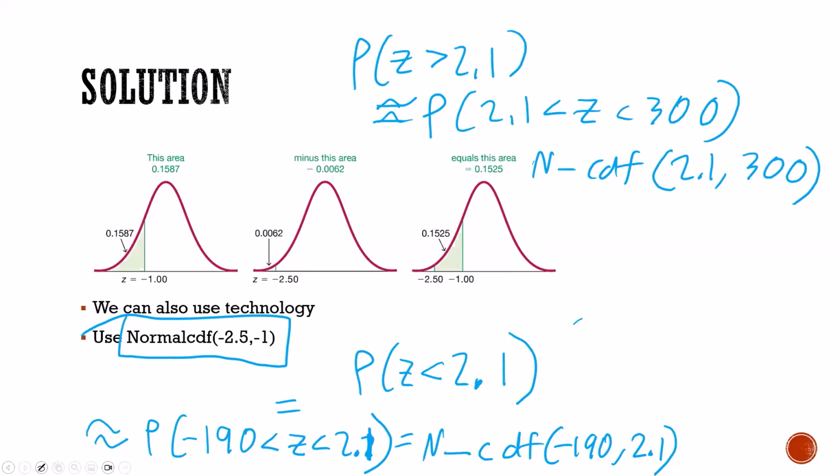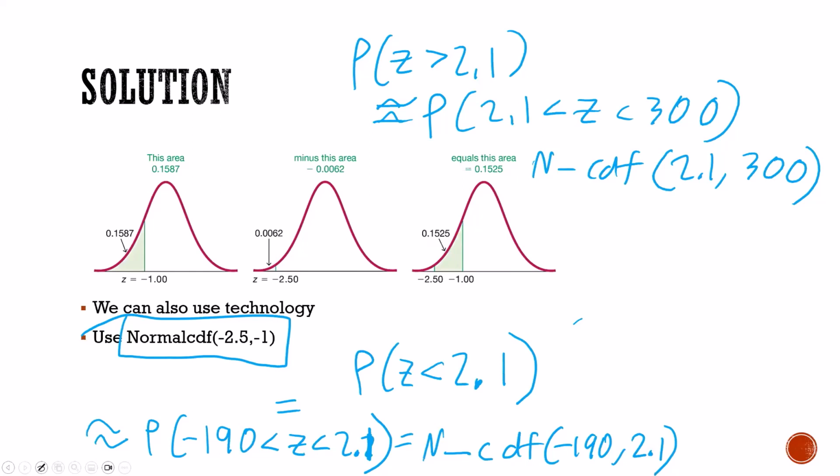Do we understand how to use this trick if you want to use your calculator? Also, you don't need to know this trick because you can just use the table if you want, right? Questions so far? Okay.